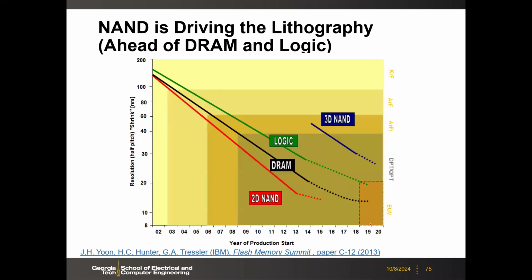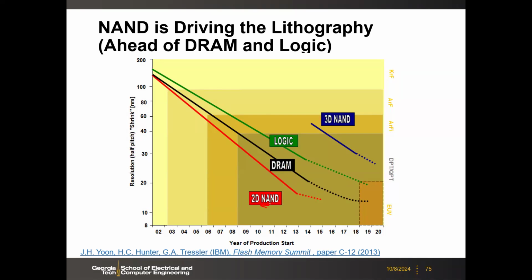Scaling challenges. So here, if you look at the scaling trend for the 2D NAND, if you really look at the minimal half pitch of the cell, actually the 2D NAND scaling outpaced DRAM scaling and logic scaling. So if you want to talk about the smallest transistor we ever built, then the 2D NAND is the smallest one.